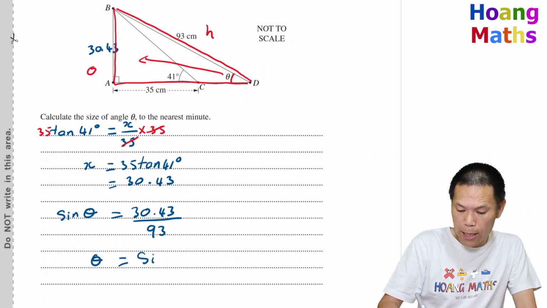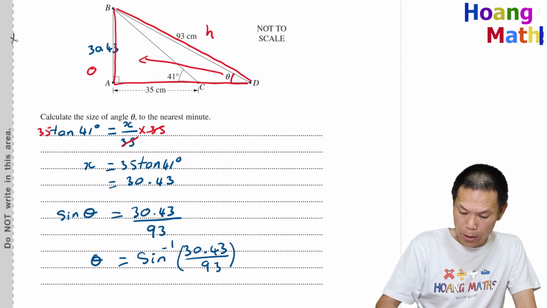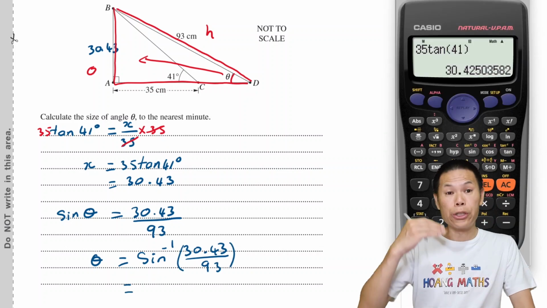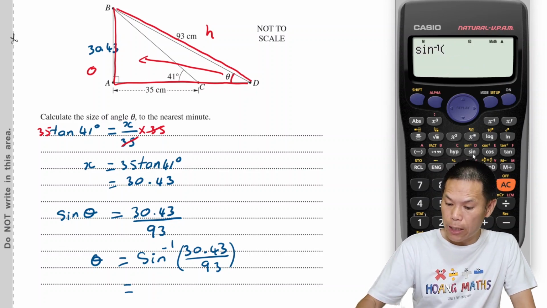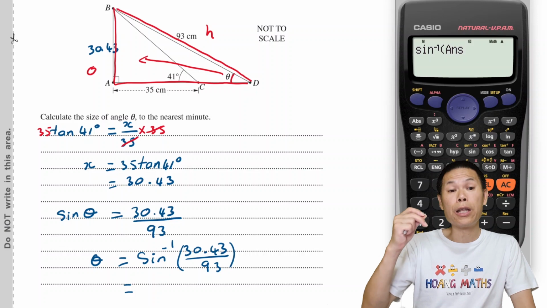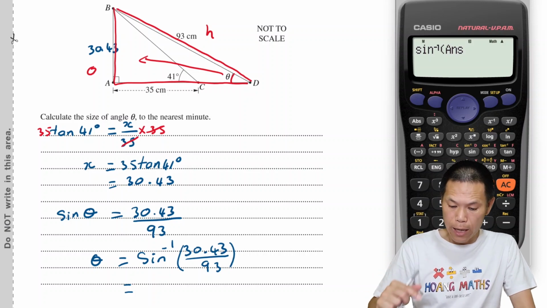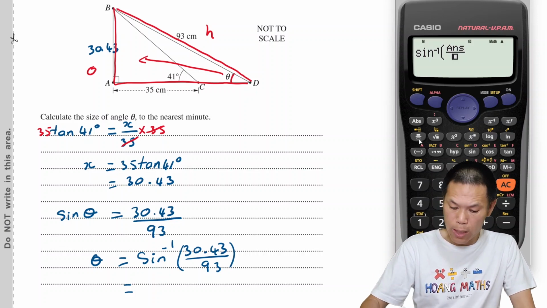So therefore, theta is sine inverse of 30.43 over 93. So I just go inverse sine, answer, because 30.43 was the last answer I did, over 93, and I close the brackets.